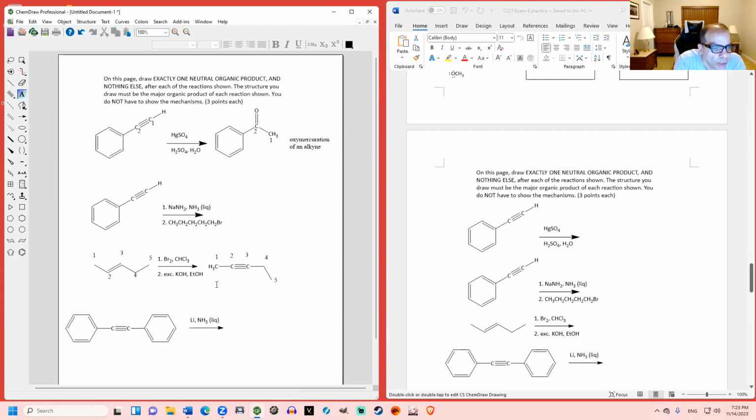And you could call this one halogenation of an alkene followed by double dehydrohalogenation to form an alkyne. We talked about that reaction in chapter 9, at the beginning of chapter 9. So that's something we covered in class.